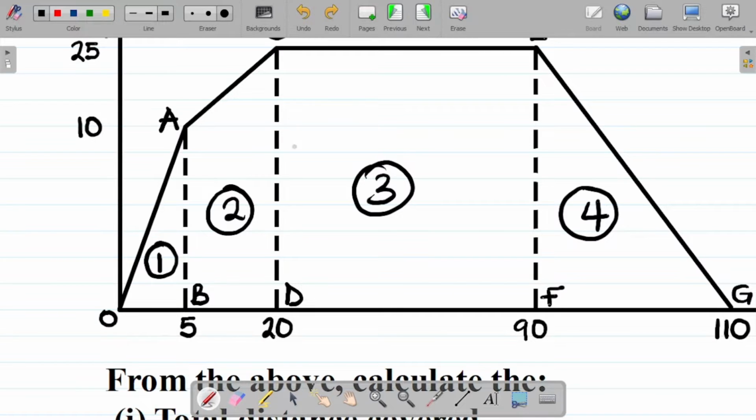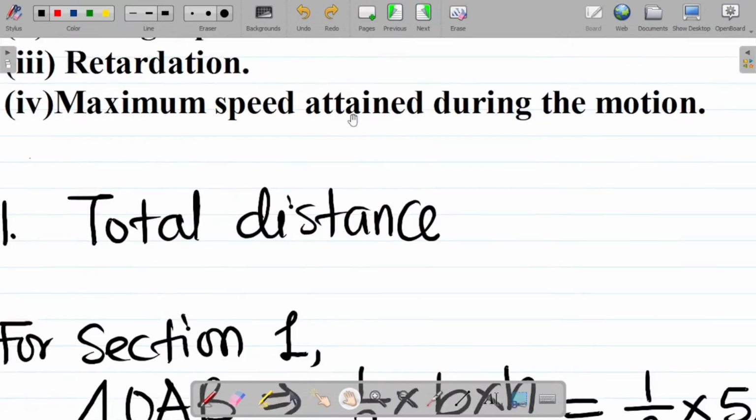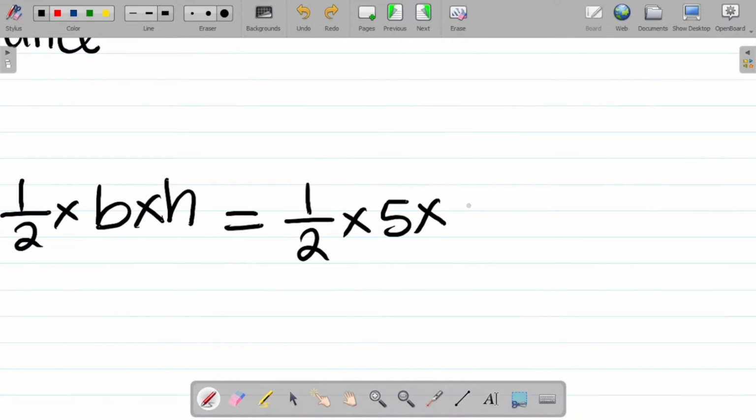It becomes half times 5 times 10. That gives you about 25. So my answer here is 25 meters. That's your first section. Let's go over to the second section and see what we can get.